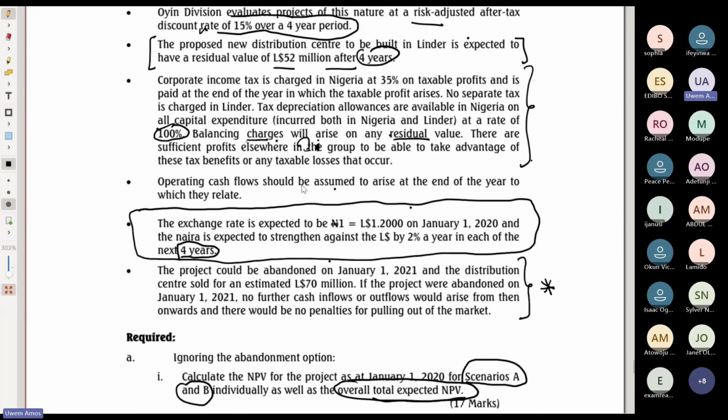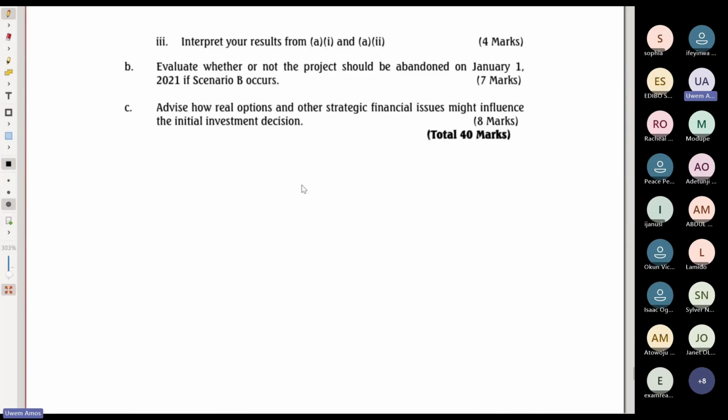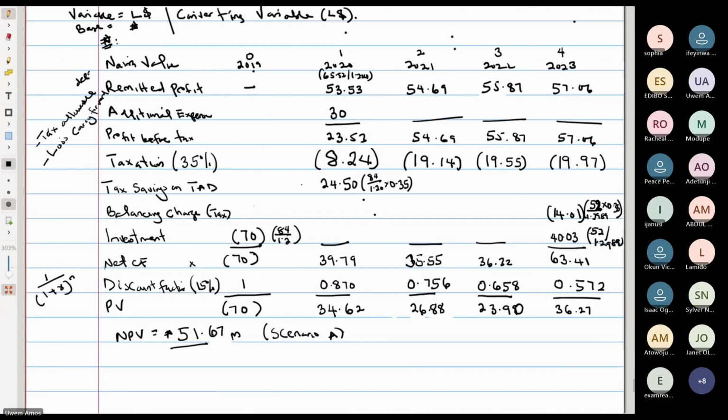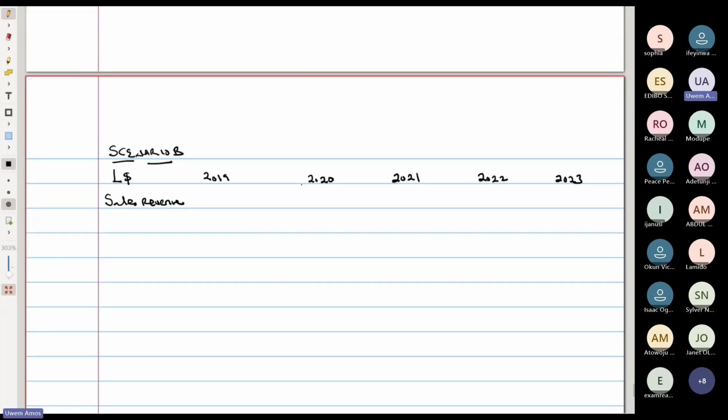So let's do that quickly, 55 and then 5% for all the others. I'm going to be a little bit faster on scenario B because we have already explained all of the concept. 2021 grows at 5%, so that would be 55 multiplied by 1.05. I'm going to rely on you guys confirming for me because I don't know what's wrong with my calculator today.